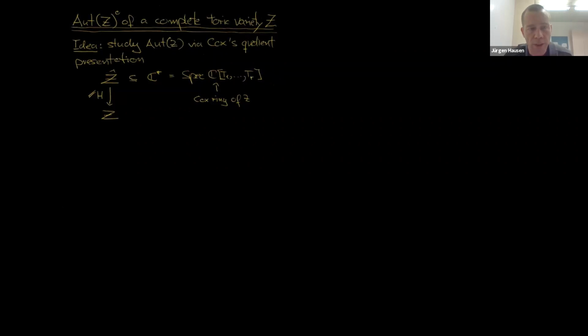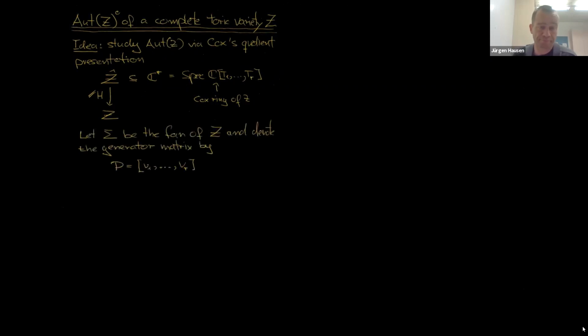And this C^r is the spectrum of the Cox ring of Z. The Cox ring of Z is a polynomial ring in r variables. Now let sigma be the fan of the toric variety Z, and consider the matrix P having as its columns the primitive generators v1 up to vr of this fan.